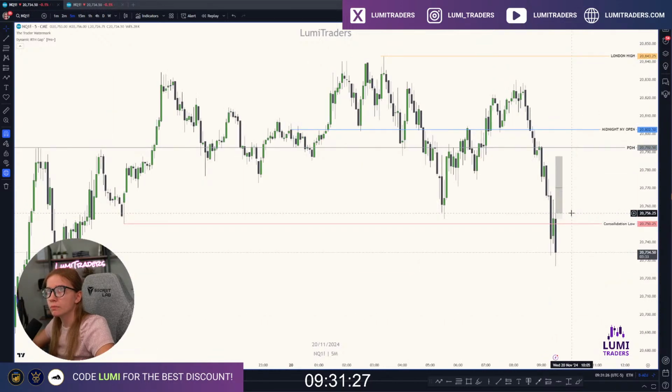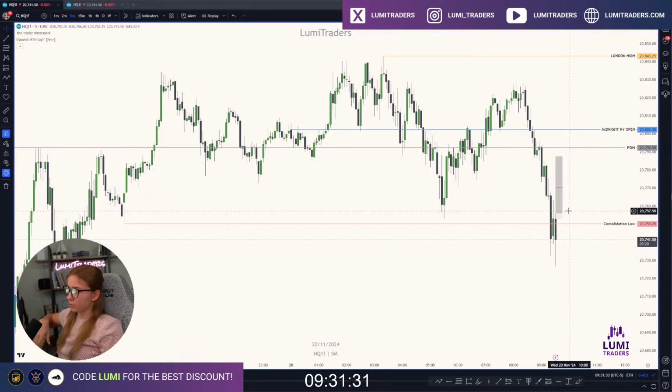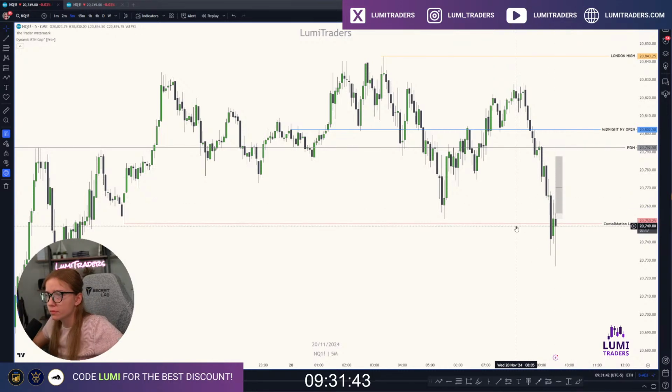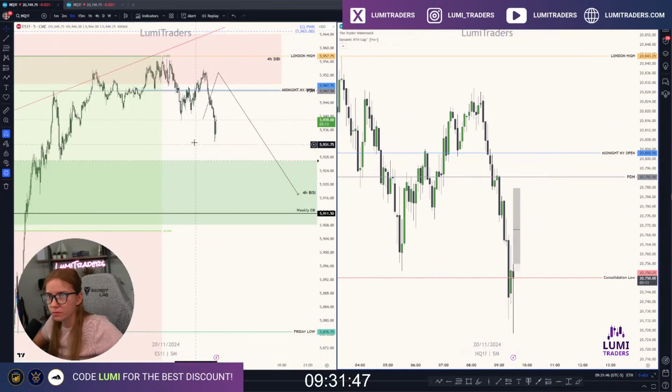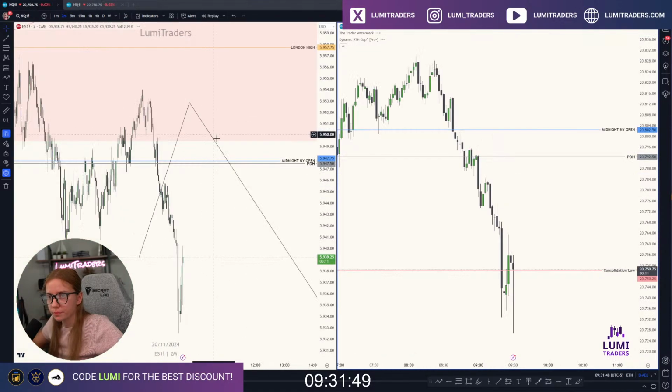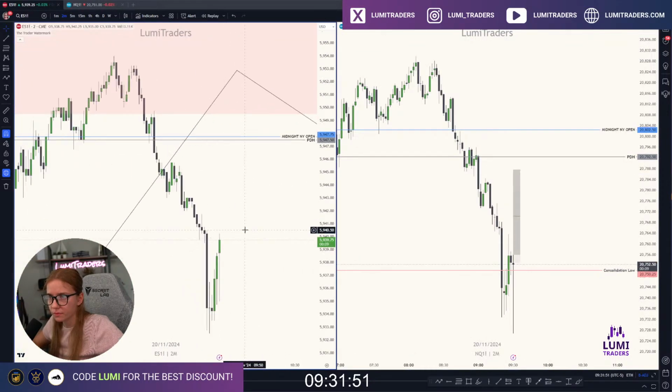Still above the 4-hour fair value gap, still above the top of the 4-hour fair value gap. We got minor SMT right now between ES and NQ. Right here and right here.